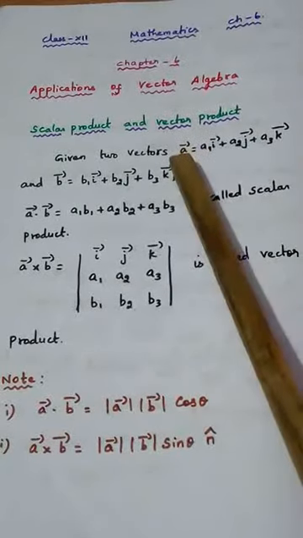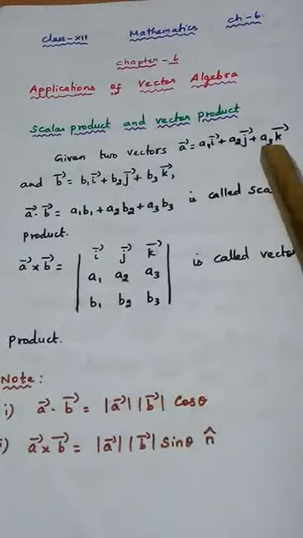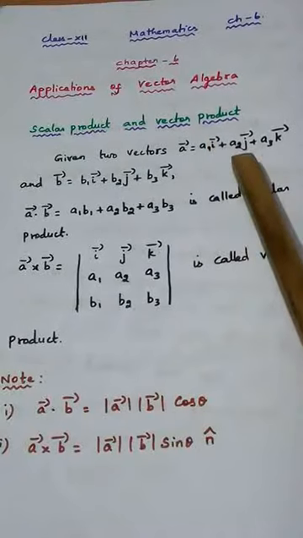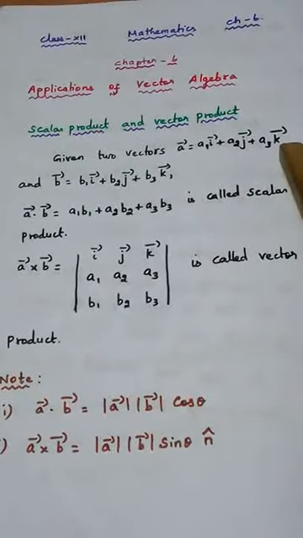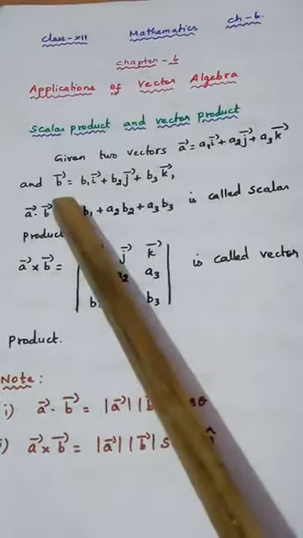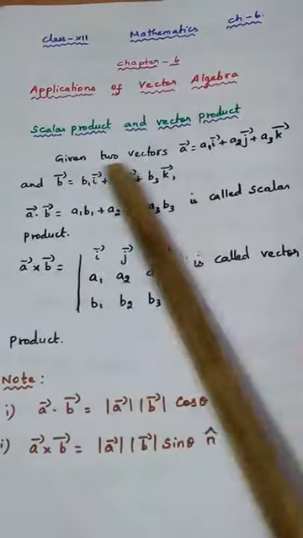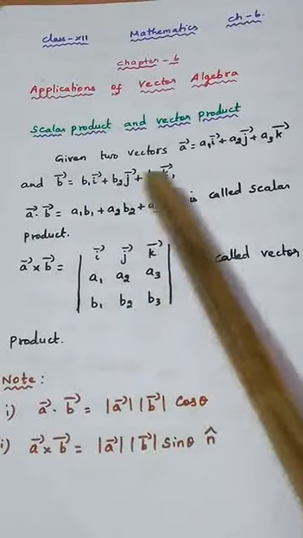We can split a vector and write in 3 components, right? A1 i plus A2 j plus A3 k, where i is the unit vector along x-axis, j vector is the unit vector along y-axis, k vector is unit vector along z-axis. These things we know. And B vector is another vector. So again we are writing that as 3 components, B1, B2, B3 in x direction, y direction, z direction.